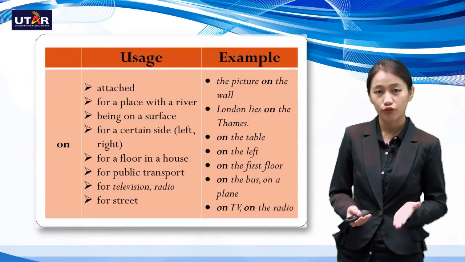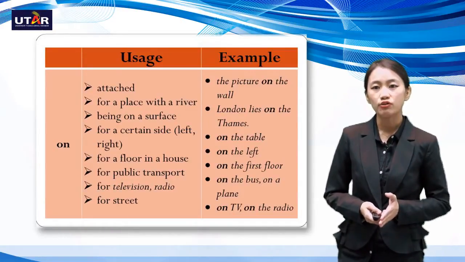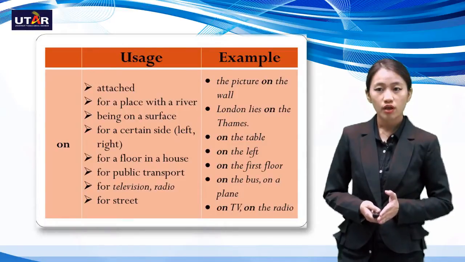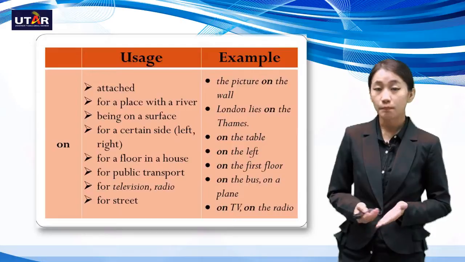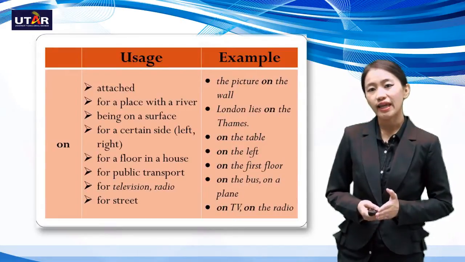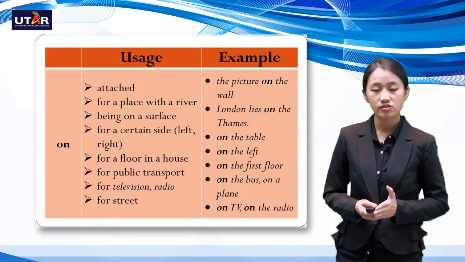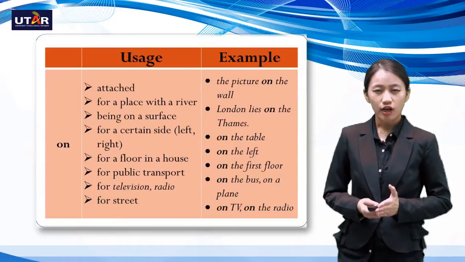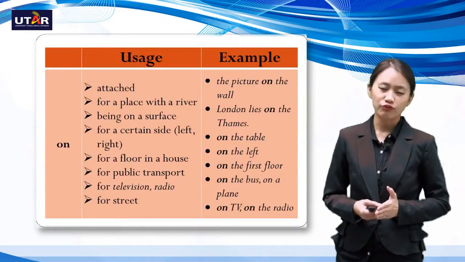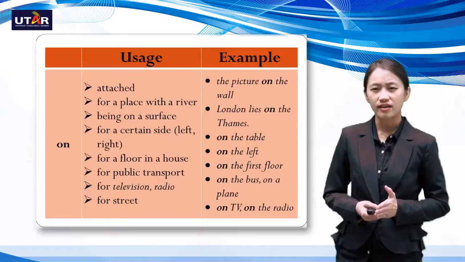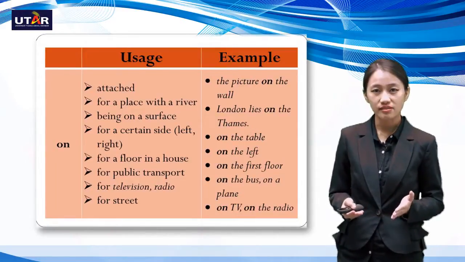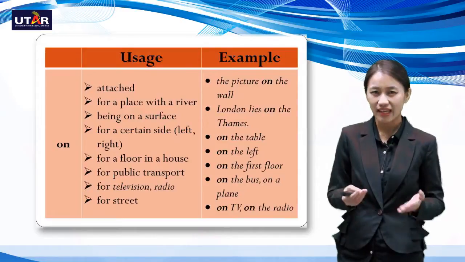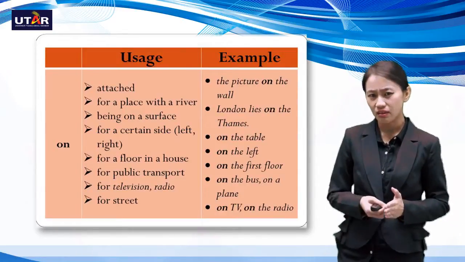Next would be for public transport. When you are taking the bus or plane, you would indicate that you are on the bus or on the plane. I know that some students will find it quite confusing, as when you are located in a bus, you would think that I am actually in the bus.